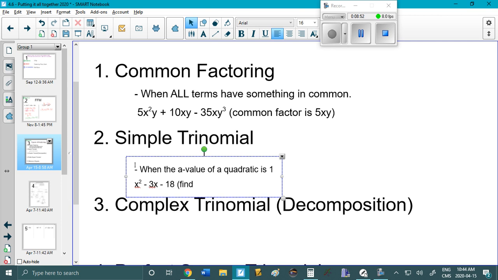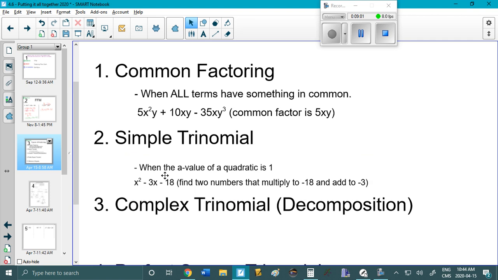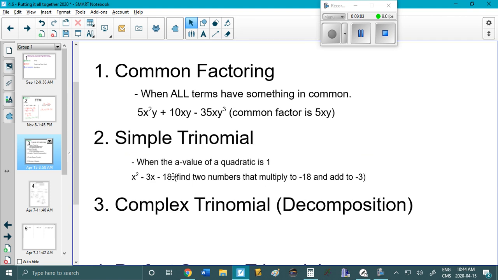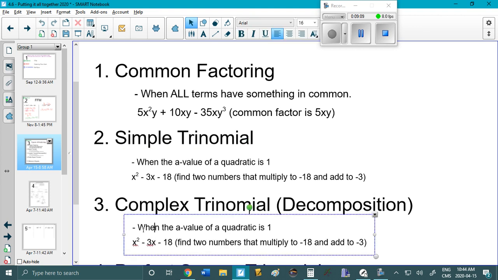And we need to find two numbers that multiply to negative 18 and add to negative 3. And if we're going to do this one, our numbers would be minus 6 and plus 3. And it would be x minus 6, x plus 3. I'm just going to copy this so the font size is the same.